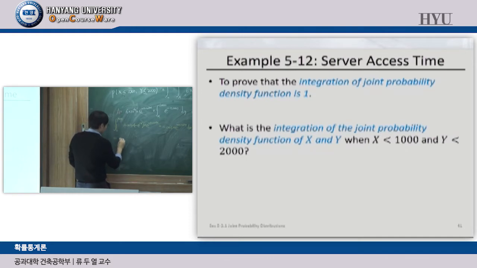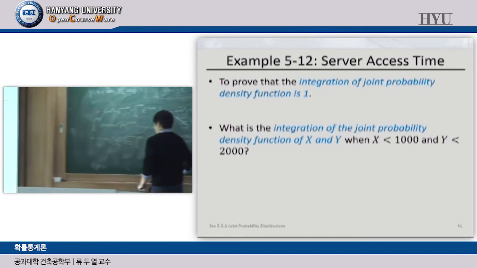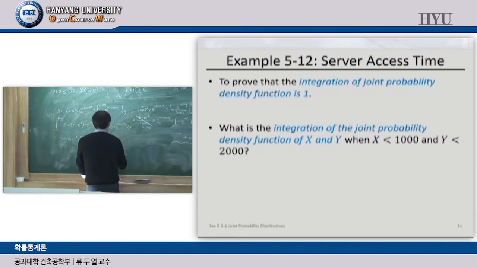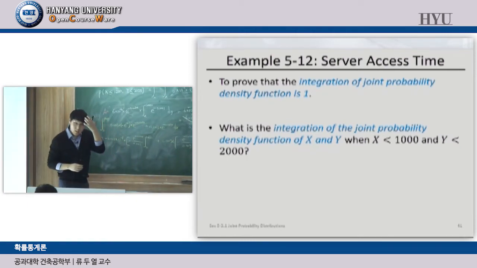And this can be minus 0.003 by exponential minus 4 by minus 0.001 exponential minus 0.001x from 0 to 1000, plus 0.003 by minus 0.003 exponential minus 0.003x from 0 to 1000. Okay?